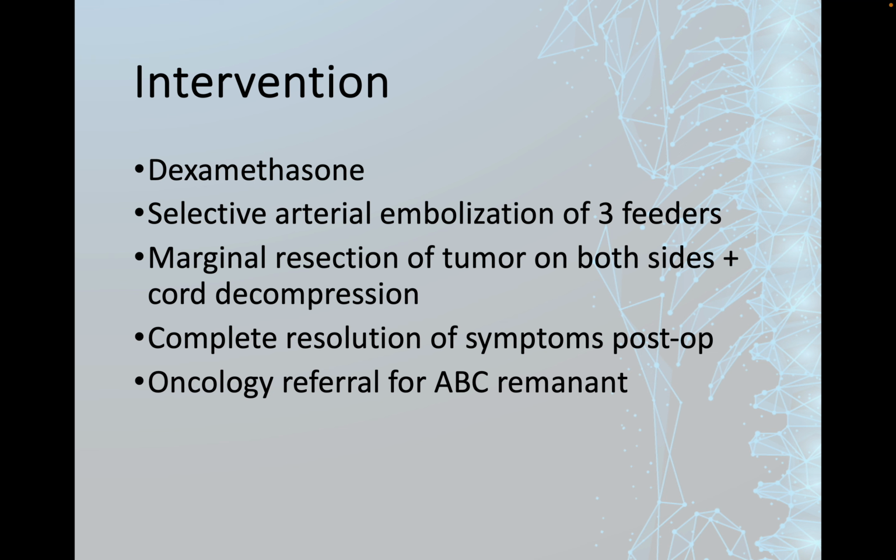The patient was booked for emergent surgery, whereby she underwent marginal resection of the tumor on both sides plus cord decompression. The construct was deemed to be stable, so there was no need to revise it. Marginal resection and not complete resection was done due to the risk of injuring the vertebral artery if we attempted total resection.